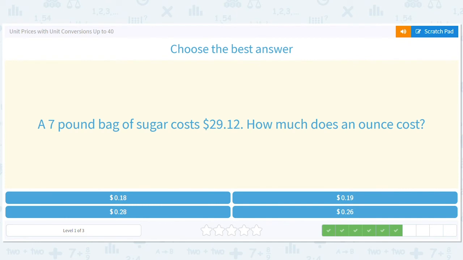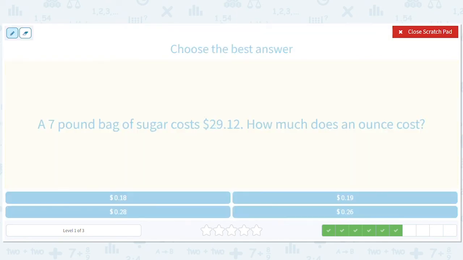A 7-pound bag of sugar costs $29.12. How much does an ounce cost? Okay, so 7 pounds. We'll have 4. We'll have 28. We'll have 1. 1. This will give us 1 over here, 7, 42. That'll give us 6. 2 decimal places, so it's 4.16.